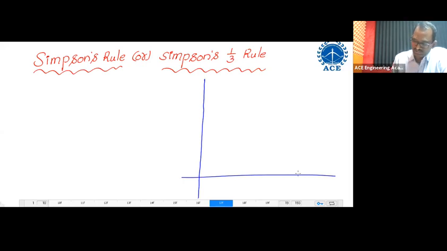Remember, in trapezoidal rule, the curve is replaced by a straight line. In Simpson's rule, the curve is replaced by a parabola.